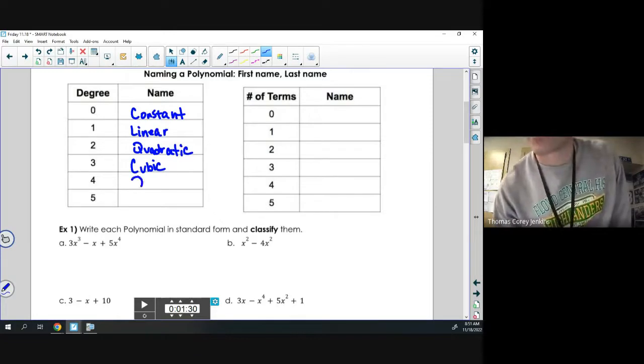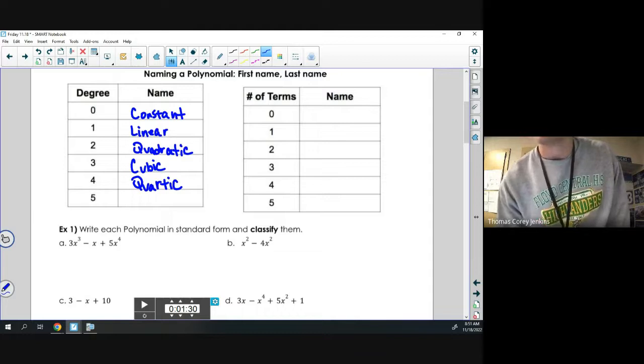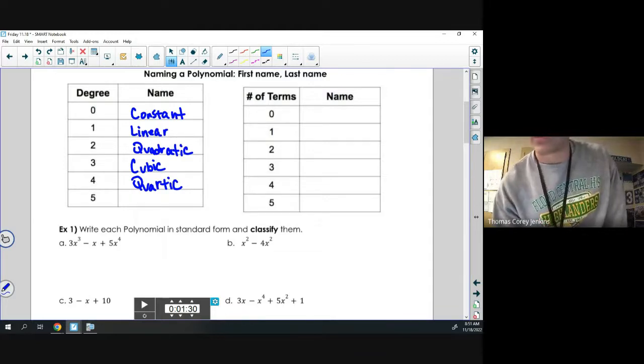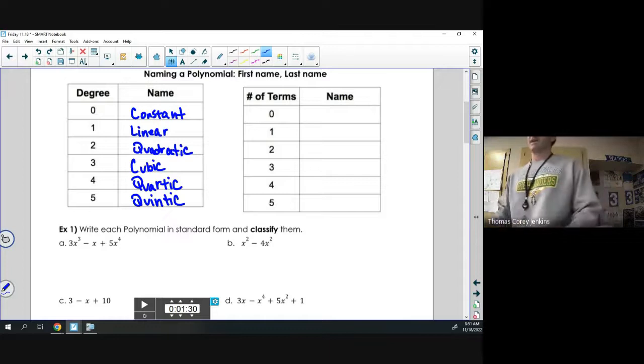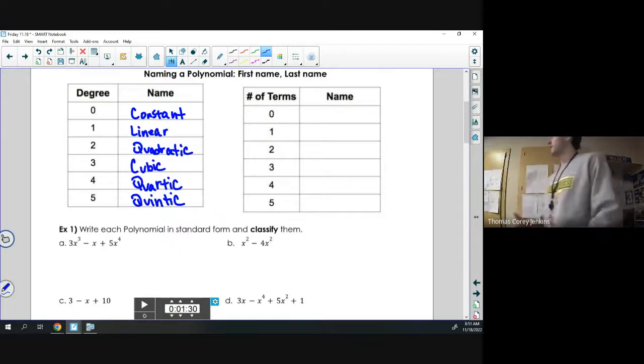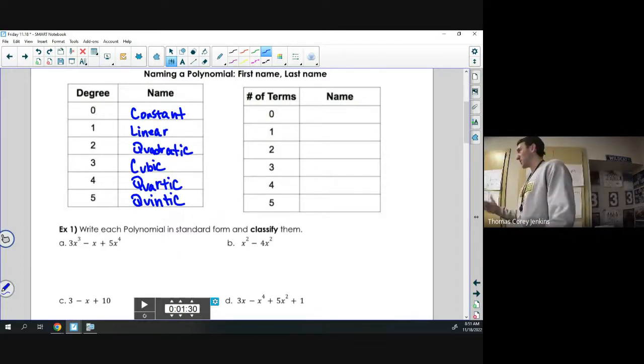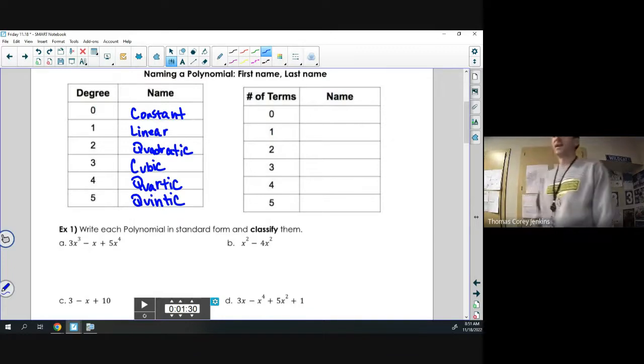Trying to give you guys a chance to show off here. Quartic. And then the last one, fifth degree, would be called quintic. And I may be wrong about this, but I think that is where the special names end. You just name them by their number after that. So like 6th degree would just be called 6th degree, no special name.